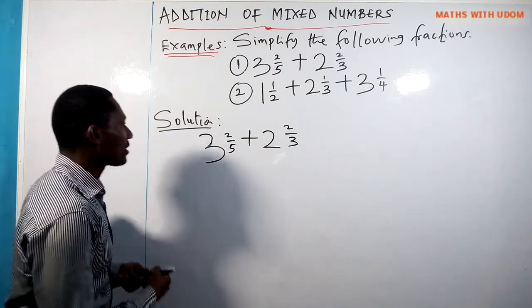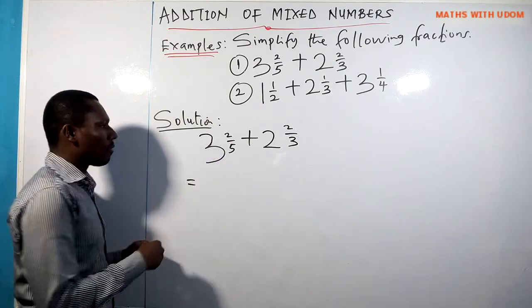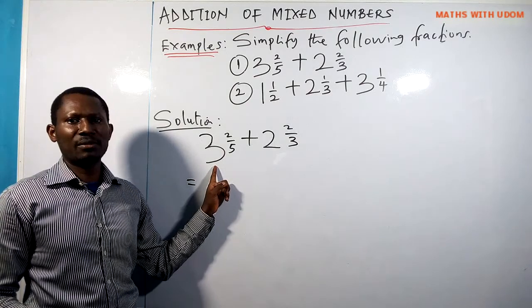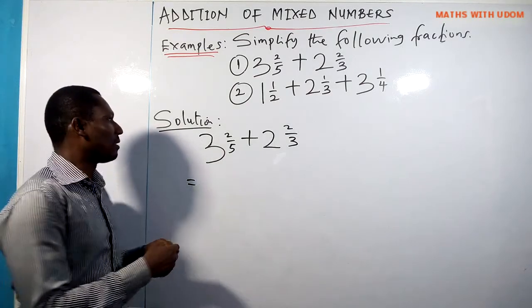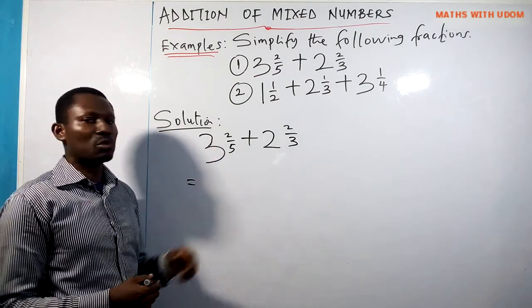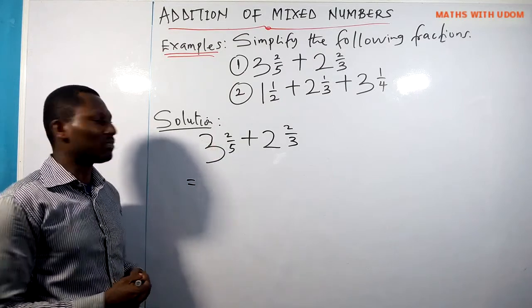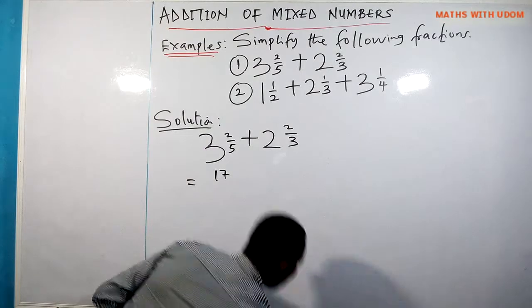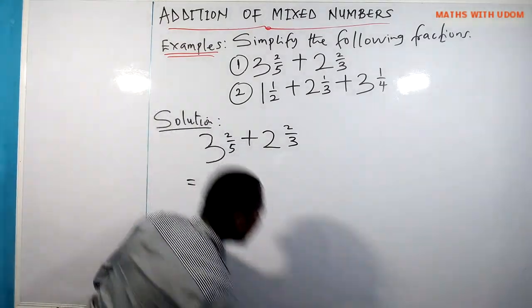So let's start. What is 3 multiplied by 5? It will give us 15. So 15 plus our numerator 2 will give us 17. Let's do it step by step.